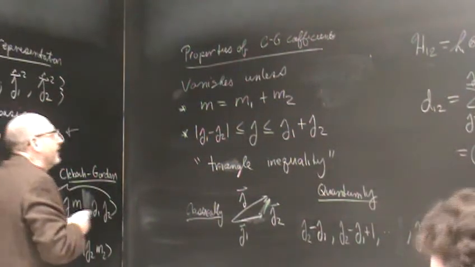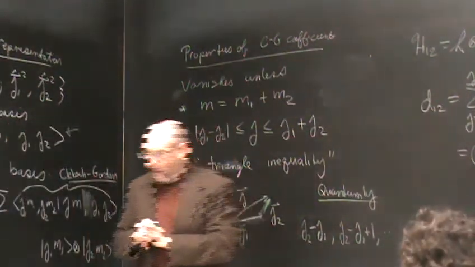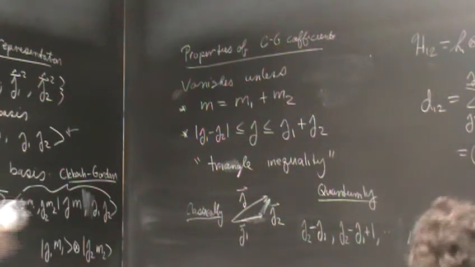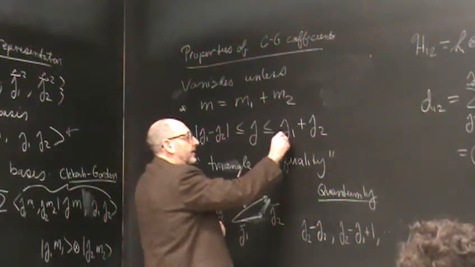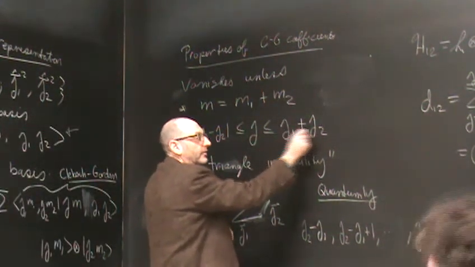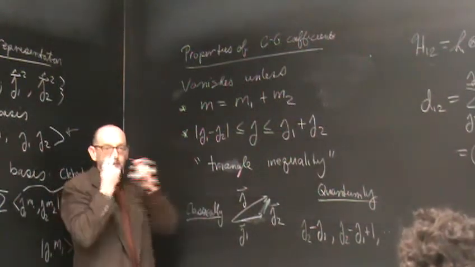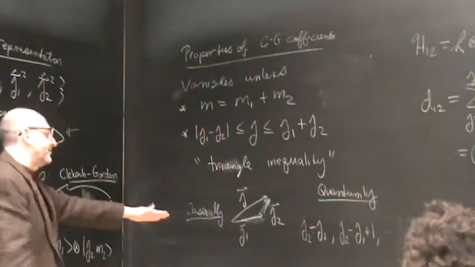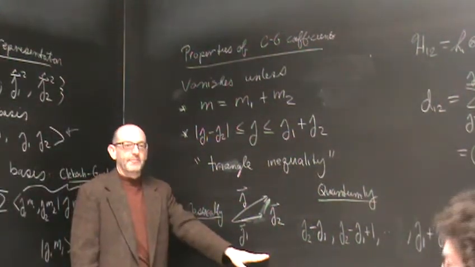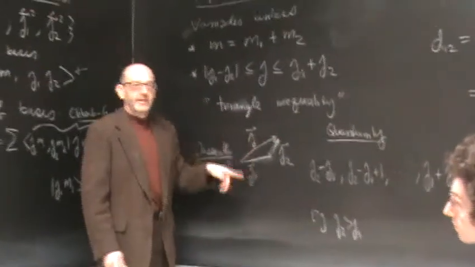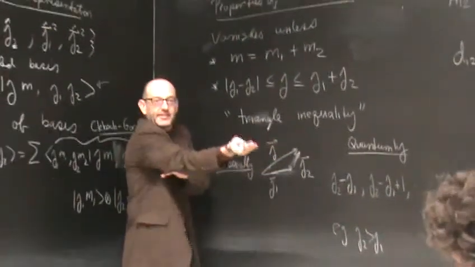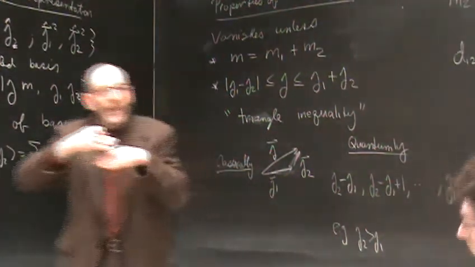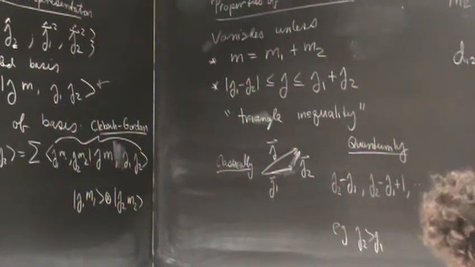Okay? The total angular momentum quantum number can be anything between the sum of the two total quantum numbers and the absolute value of the difference of them. That's known as the triangle inequality because it looks kind of classical, right? The magnitude of this vector can be as big as the sum of those vectors, or the magnitude can be as small as the magnitude of the difference of those two vectors, right?